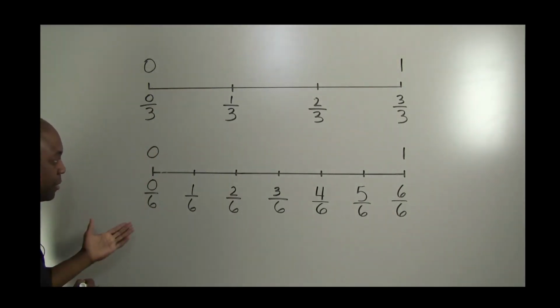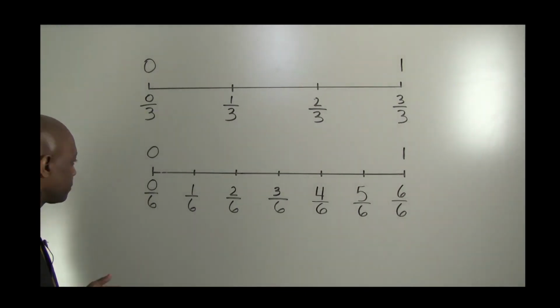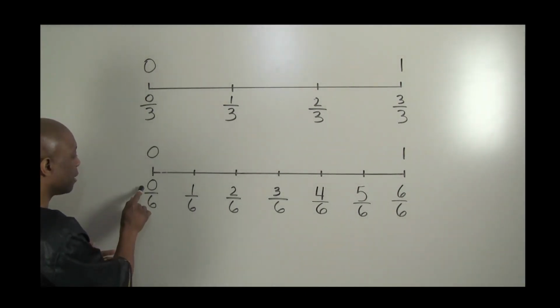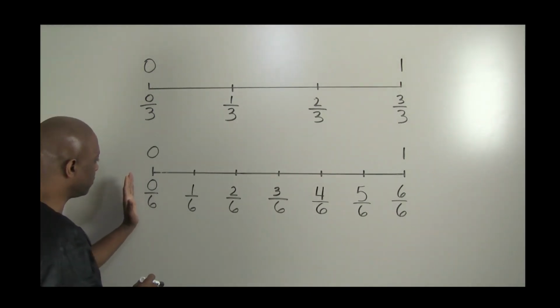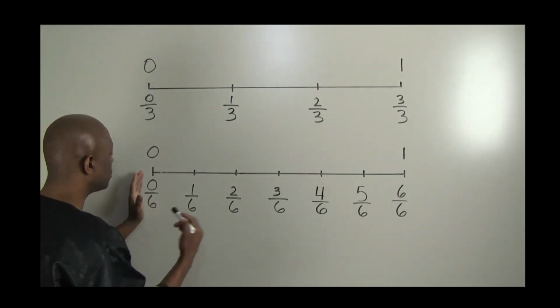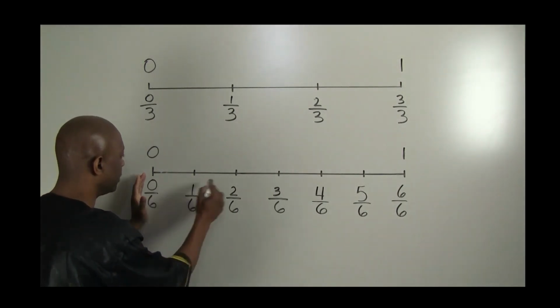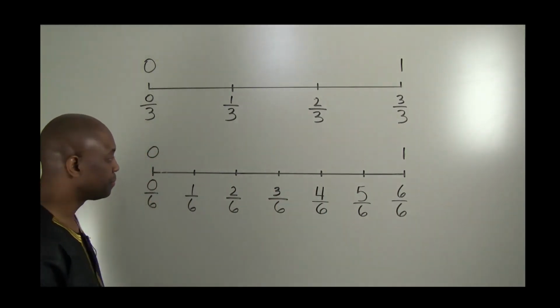For example, another example, if we wanted to find 4/6, then we would start here and we would count from 0 to the right 4 segments, so 4 short segments. So 1, 2, 3, 4. Thus we would have our segment 4/6.